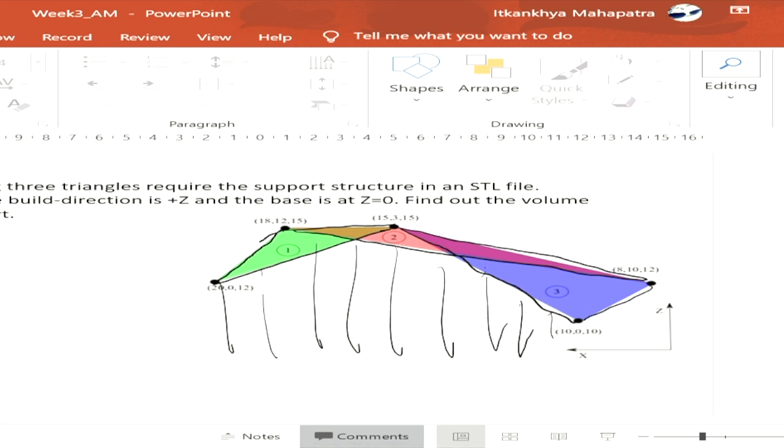So let's calculate. Now I'll just write the vertices of each triangle first. Triangle 1, the vertices are 20, 0, 12, 18, 12, 15 and 15, 3, 15. Okay.